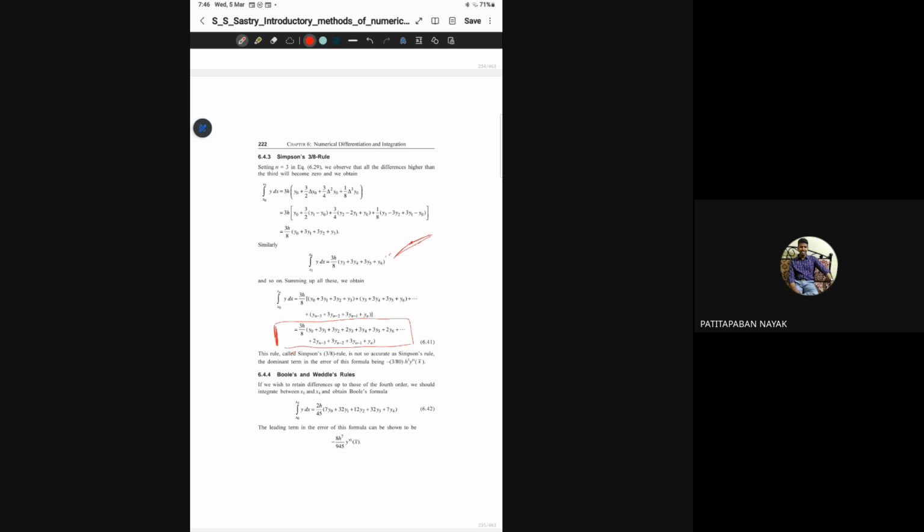It's just formula based, so you have to remember the formulas by solving numerical problems. Any question?